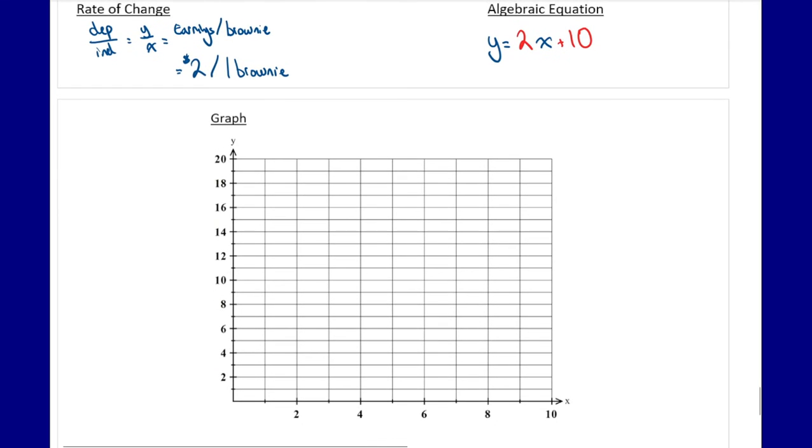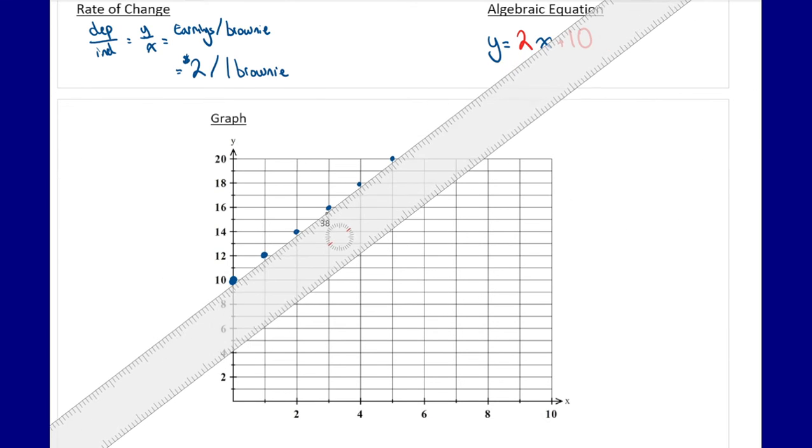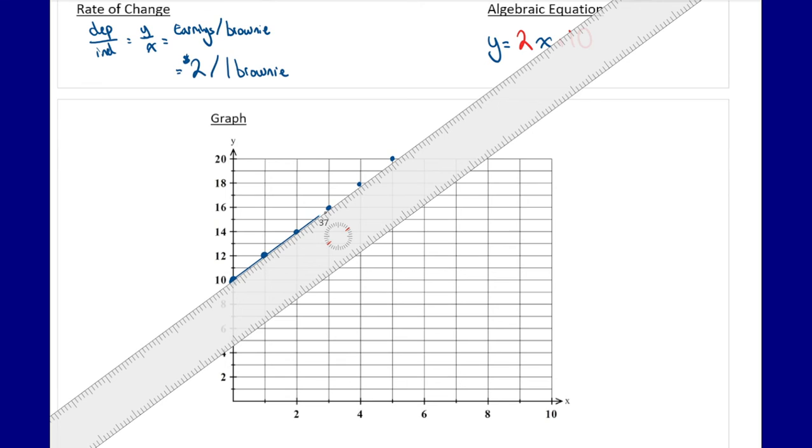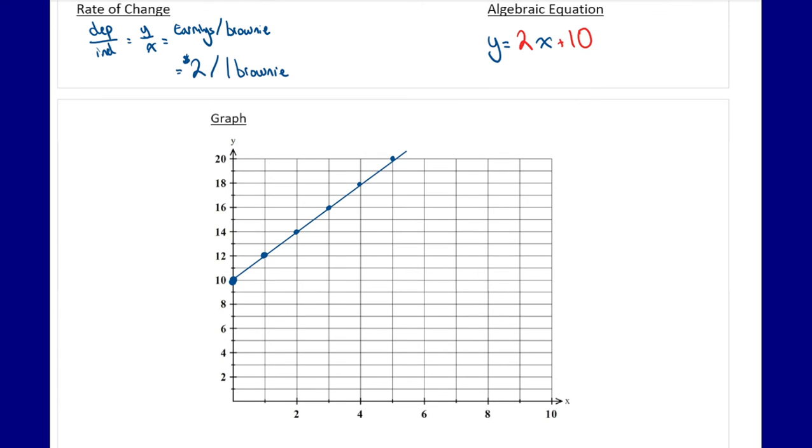We can also graph it if we really wanted to, just to visually represent it. So 0 brownies is $10, 1 is 12, 14, 16, 18, 20. And again, because it's linear, we do see this kind of straight line pattern, or straight line through those points. So this hopefully was a little bit of review, because you have looked at linear equations before, specifically the y equals mx plus b form, all the way back in grade 9.